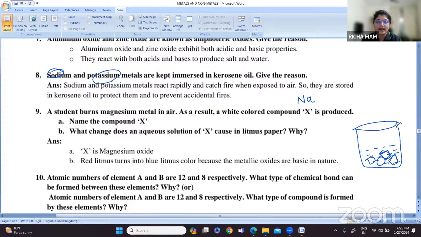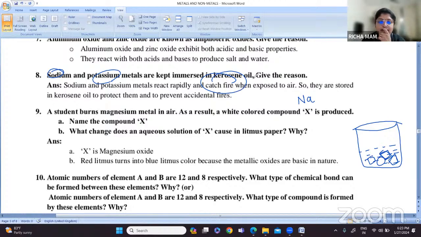Because they are highly reactive. Sodium and potassium are alkali metals, and they are highly reactive. If you keep them open to air, they will react rapidly and may catch fire.